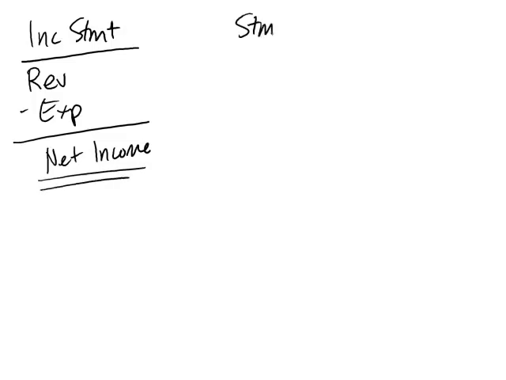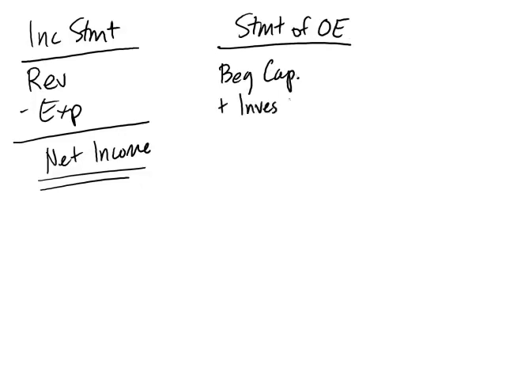The second one is a statement of owner's equity. We're going to put his beginning capital, which was 0 in this case because it was the first month. Add investments. He had $25,000 investment. Subtract withdrawals. He had a $2,000 withdrawal. And add net income.